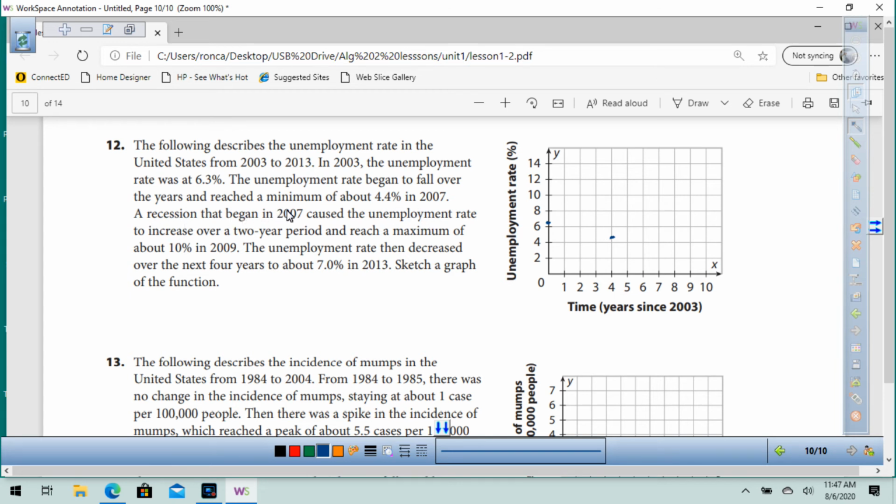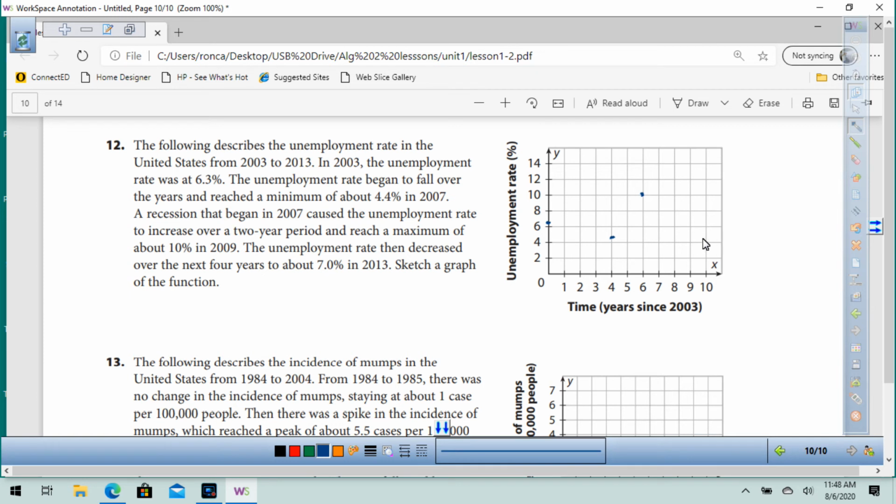A recession that began in 2007 caused the unemployment to increase over a 2-year period and reach a maximum of about 10%. So 10%, we'll say it's about right there. The unemployment rate then decreased over the next 4 years to about 7%.